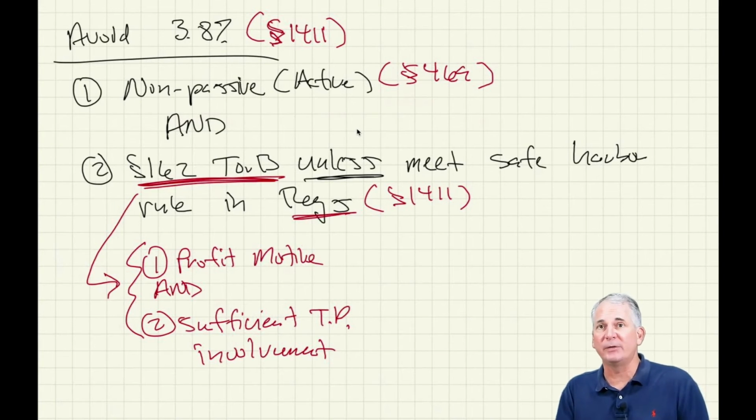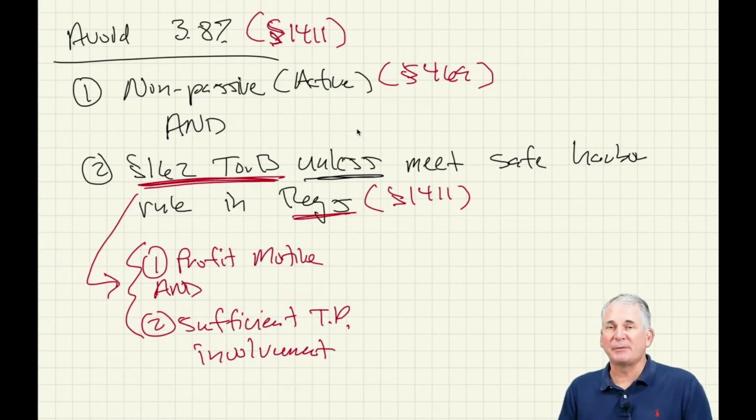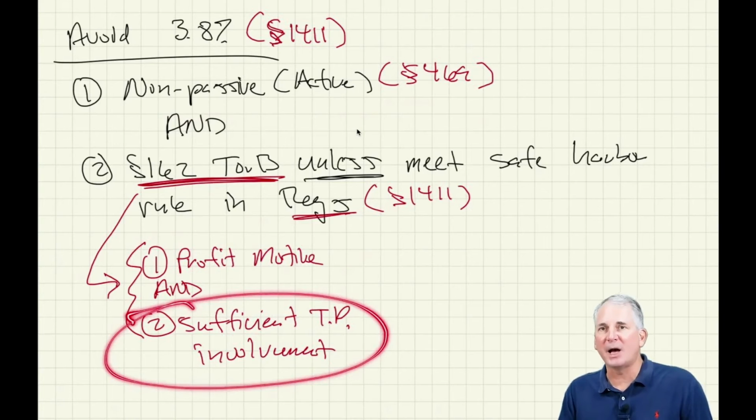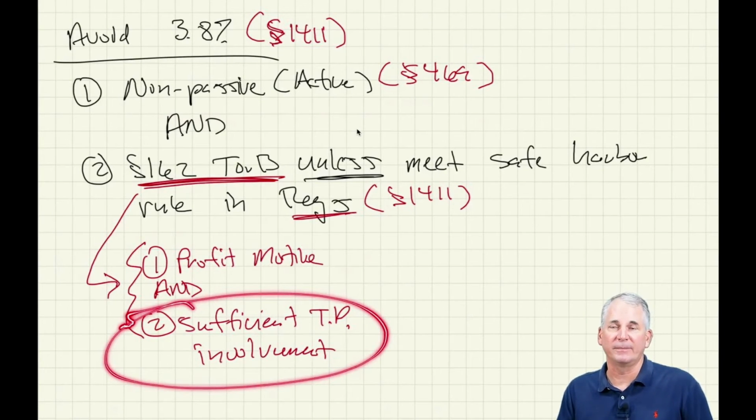That could be a trade or business because you're the one responsible to do the work. Okay, so for example, if you have a rental property, you're renting it out to make money. You have a profit motive. However, are you spending enough time taking care of it to constitute a trade or business?